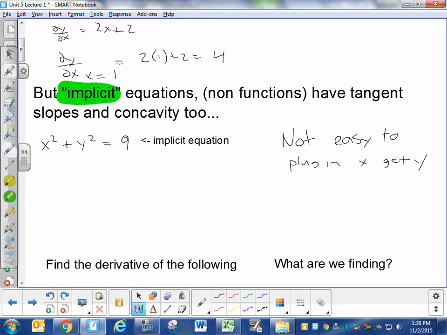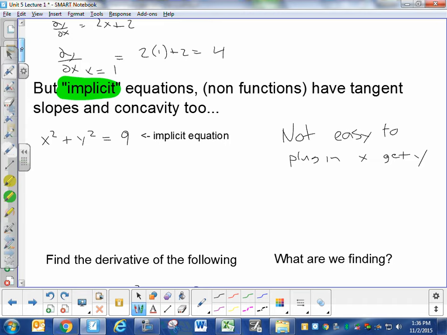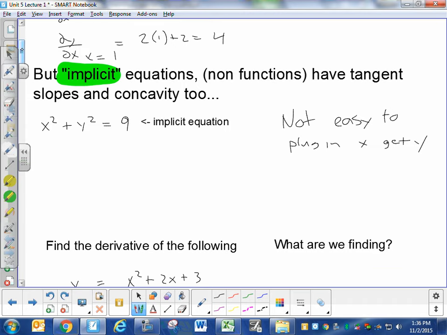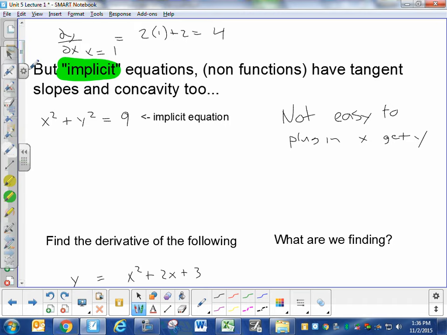Typically, you won't be able to solve for y and put it in terms of y equals and some stuff. You usually will have a plus or minus square root in this case. If I solve for y, some other equations with like y cubes and x cubes, and you just won't be able to solve for y. Okay, so we keep it like this.